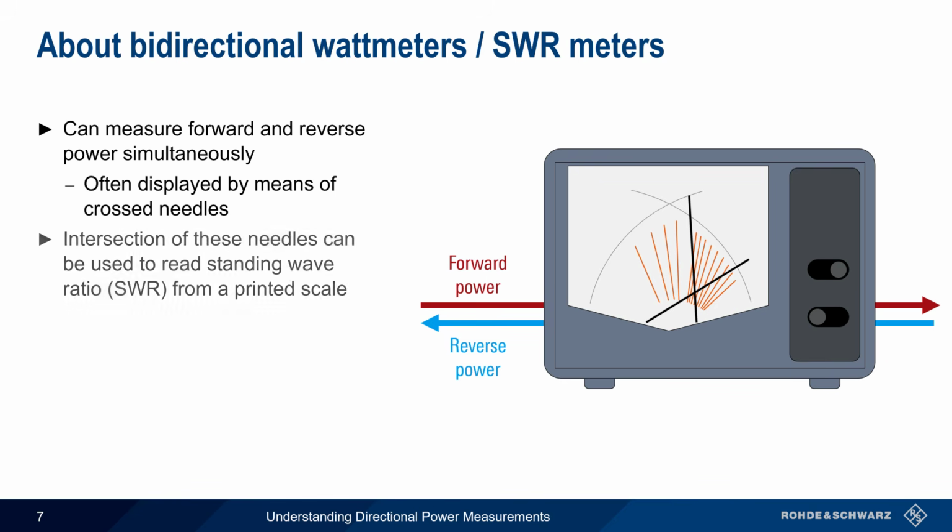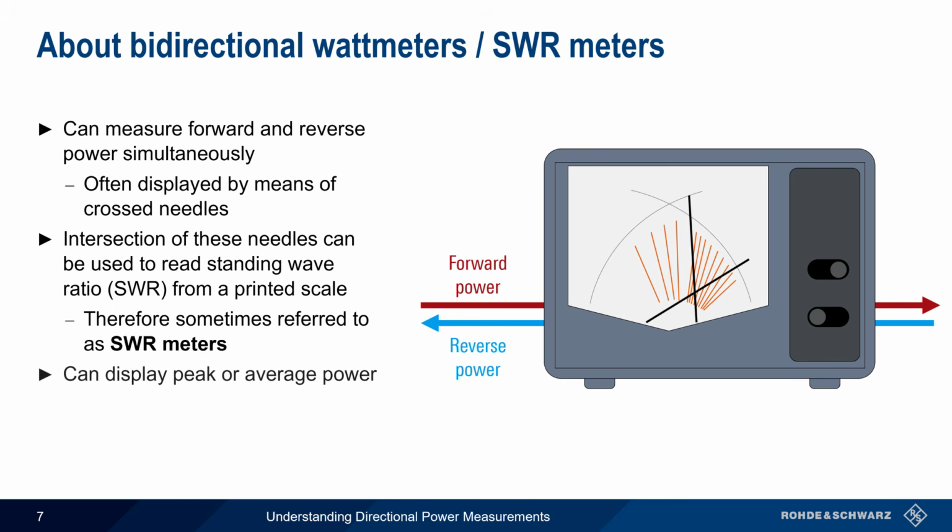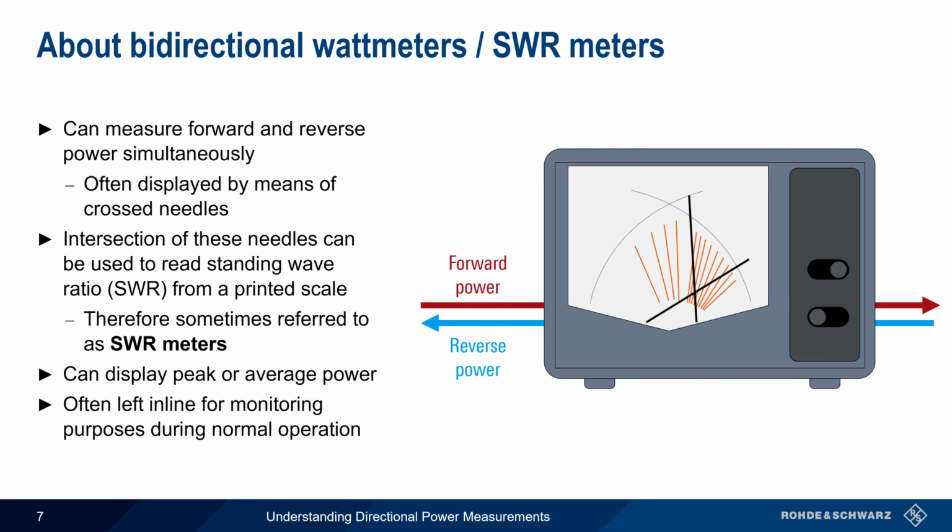The point at which these needles intersect can then be used to read standing wave ratio from a scale printed on the display, and therefore bidirectional wattmeters are also commonly referred to as SWR meters. Many of these meters can also natively measure both peak and average power. These meters are often left in line during normal operation in order to allow continuous monitoring, particularly of SWR.